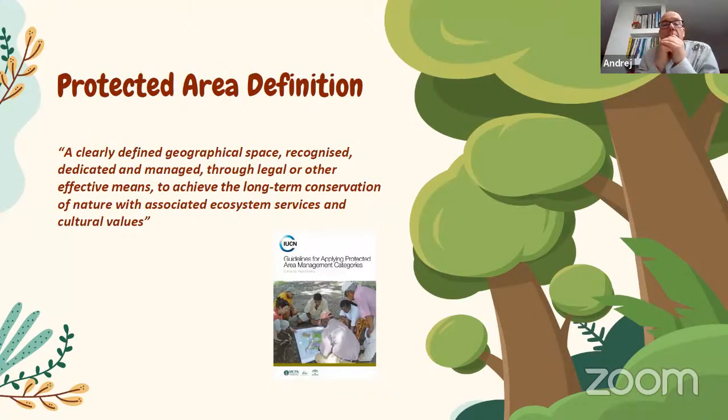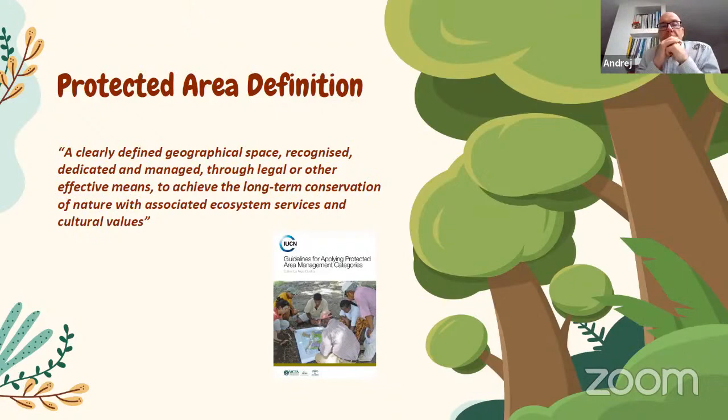So this should stay forever. And of course, we are recognizing more and more the importance of protected areas in the provision of ecosystem services and also the connection between nature and culture in these areas.